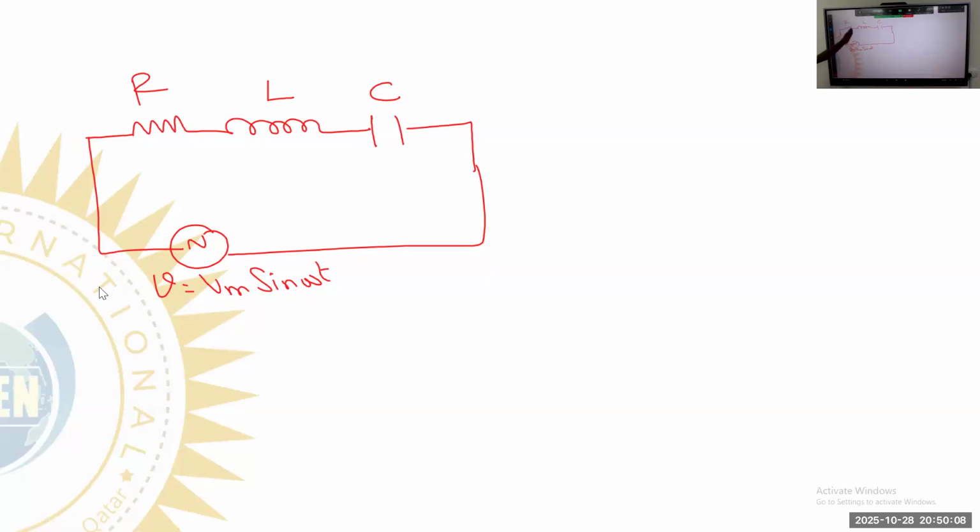The heat energy produced is wasted, but here it's not wasted, it is stored. So that's why these three components are divided into two parts. Here we have heat dissipated.